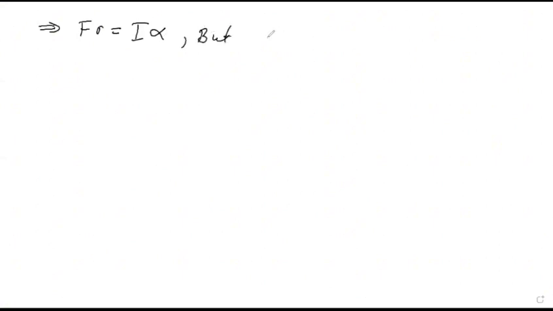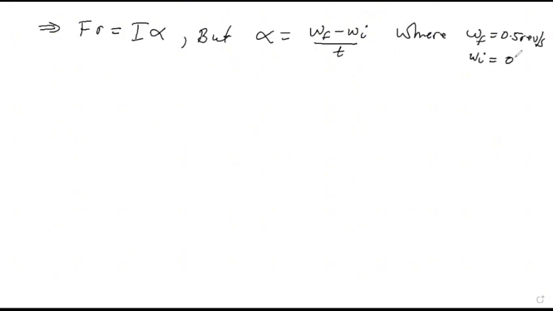And we had also seen that alpha is found by taking the final minus the initial angular velocity divided by the time, where we knew that the final angular velocity is equal to 0.5 revolutions per second, and the initial angular velocity was equal to 0 radians per second.